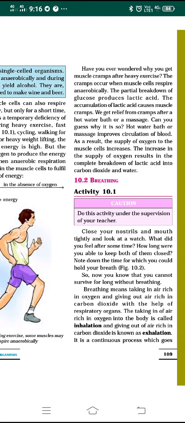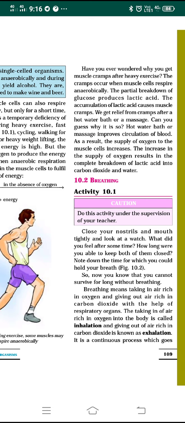When the energy required for the heavy exercise is supplied accurately as per the demand, no muscle cramp takes place. When the requirement for energy is more but supply is limited, you respire anaerobically in the muscle cells, and at that time cramps also occur in the muscles.